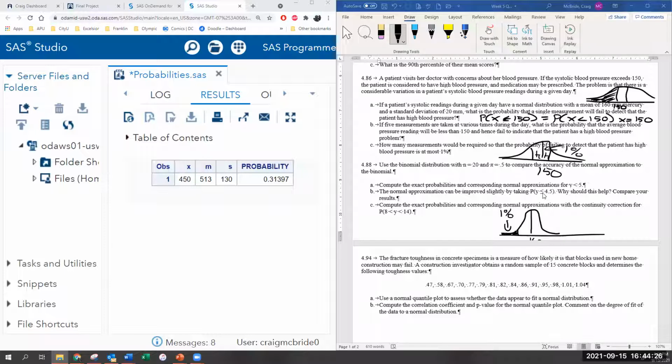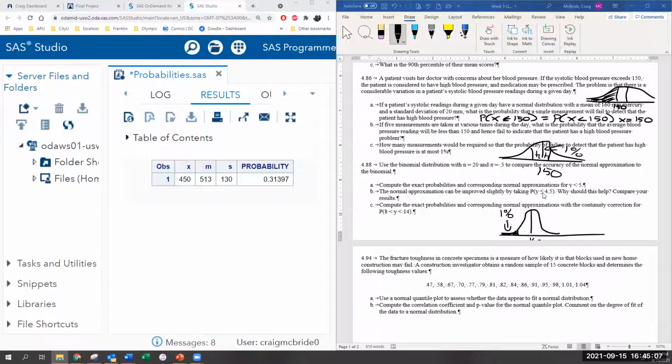As we talked about last week, if we're trying to fit a normal curve to this discrete binomial distribution, each one of the bars of area that sits above those discrete numbers is centered on that discrete number. So the bar that represents the probability of 4 is centered on 4. And if we want to capture all of that area, then we need to come all the way up to 4.5, because that would be the upper edge of 4. Then we would get everything below 4.5, and that would give us a more appropriate approximation for the binomial.